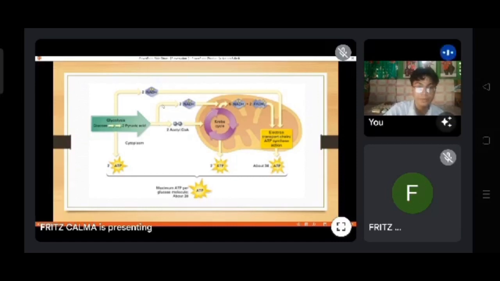And from dito, nag-produce ng 2 NADH. From Krebs cycle, nakaproduce ng 6 NADH plus 2 FADH2. And then, dumiretso na kay electron transport chain. So, overall, lahat sila always present yung ATP, in which nakaproduce sila ng about 34 ATP. So, maximum ATP per glucose molecule about 38 ATPs.